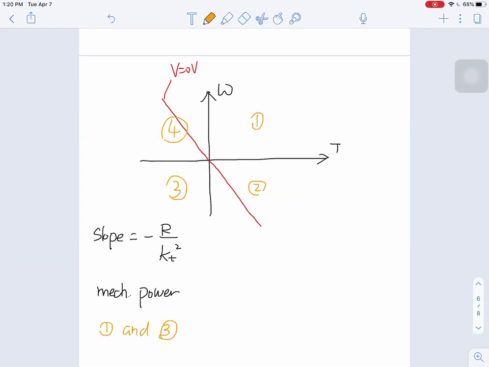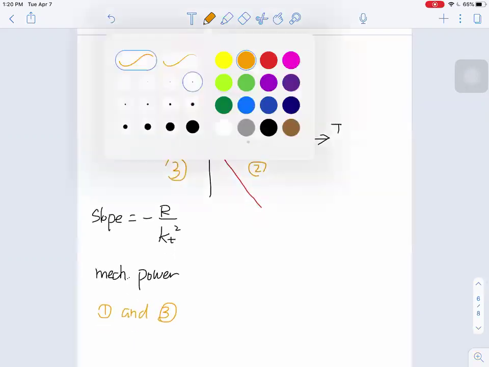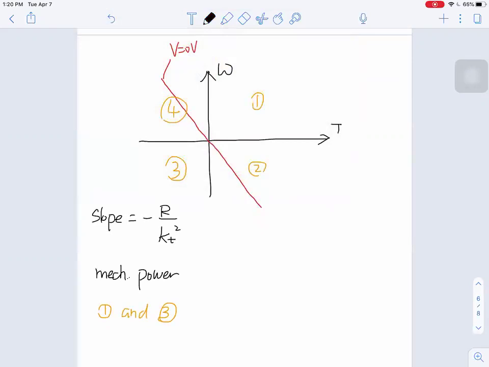As a reminder, mechanical power inside of a DC motor equation is torque times omega, right? So P mechanical equals T times omega. So only if both T and omega are positive, you will end up with positive mechanical power. Or if they're both negative, you will also end up with positive mechanical power.